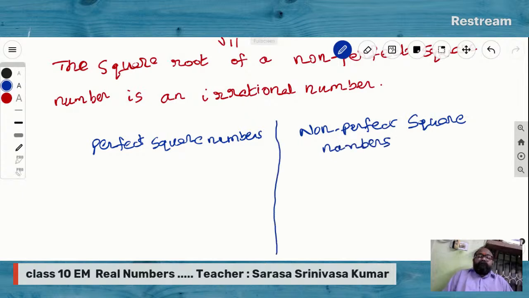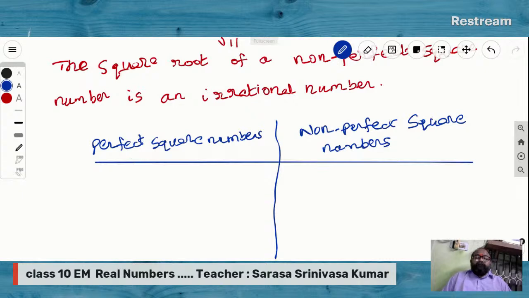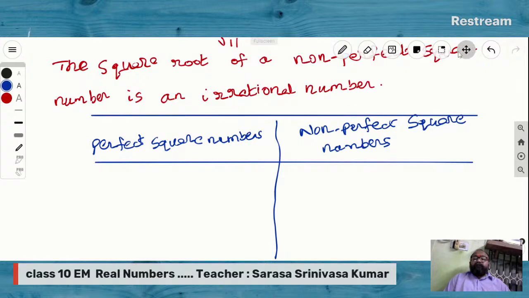So we consider these two. We consider some examples for these perfect square numbers and non-perfect square numbers.